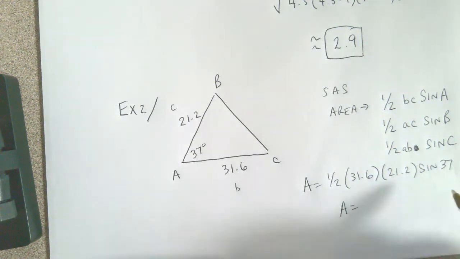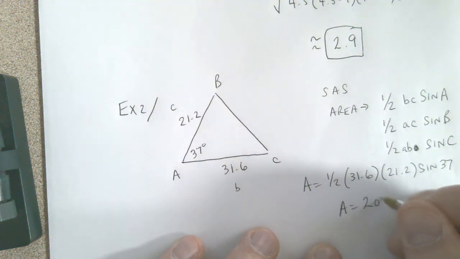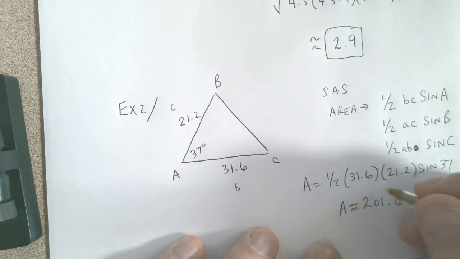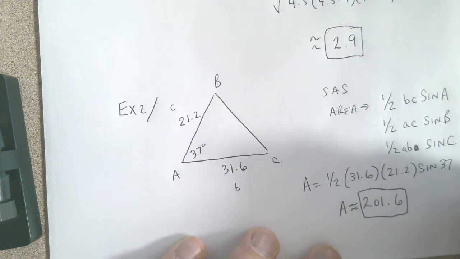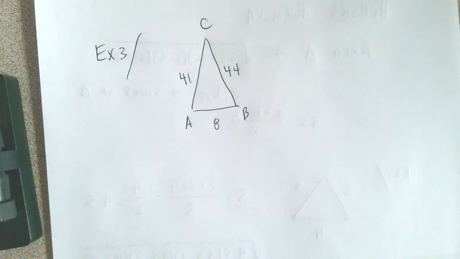If you type all that into your calculator and round to the nearest tenth, I'm getting 201.6 approximately. So go ahead right now and see if you can use your formula and find the area of the triangle.